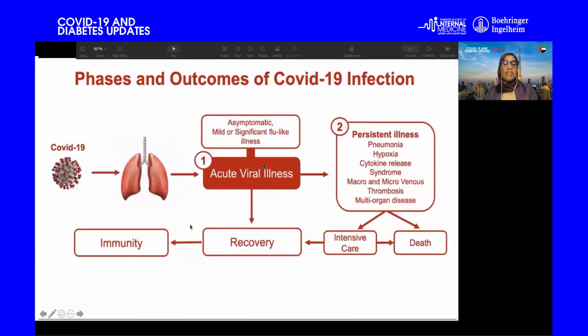So a lot of efforts are being carried out in order to get the patients probably to remain in this kind of acute phase and then recover, rather than progress into a persistent illness to require either intensive care admission, or have an increased mortality.